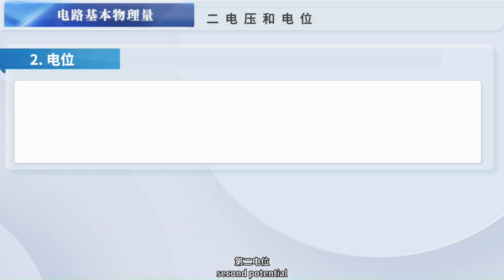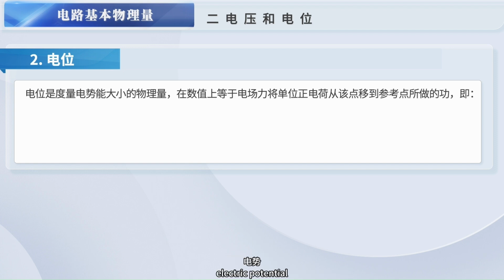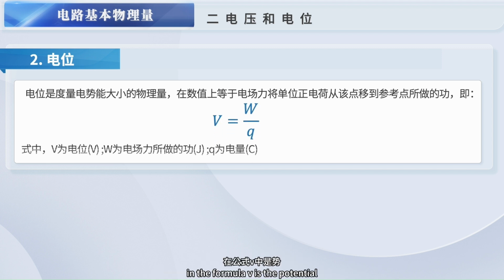Second, potential. Potential is a physical quantity that measures electric potential energy. It is equal to the work done by the electric field force moving a unit positive charge from this point to the reference point. Numerically, that is V equals W divided by Q. In the formula, V is the potential, W is the work done by the electric field force, and Q is the electric quantity.